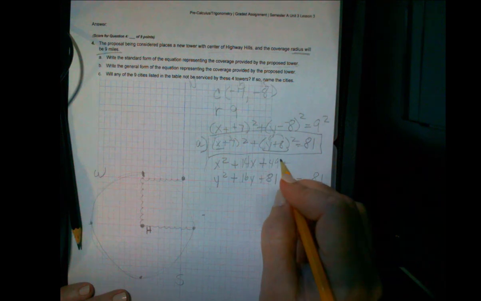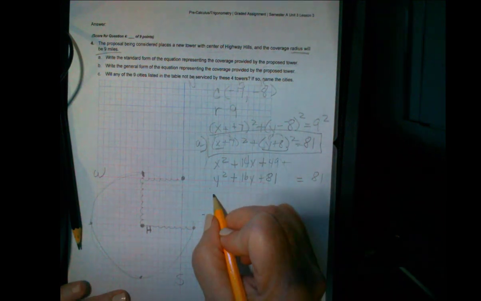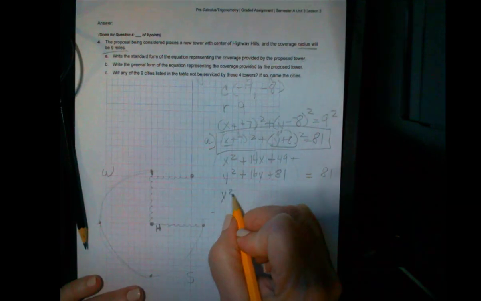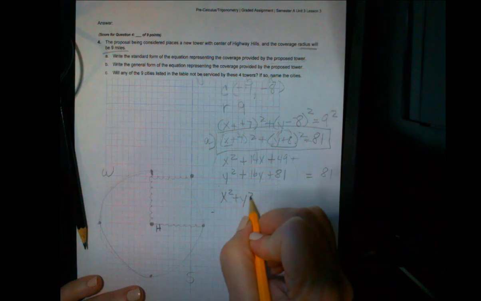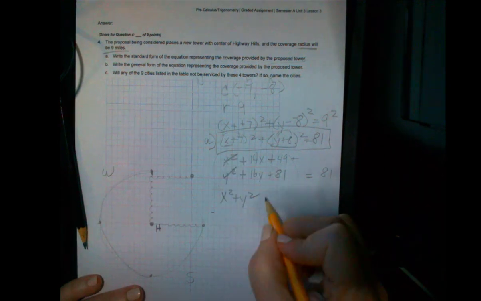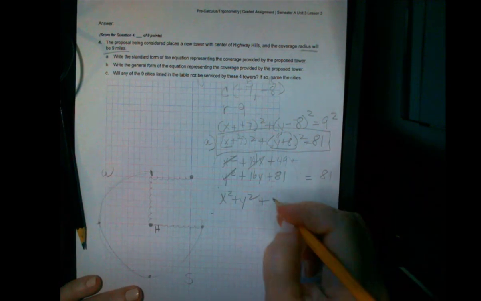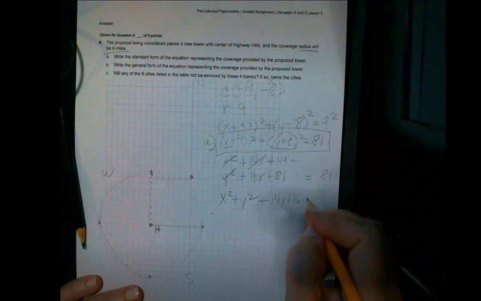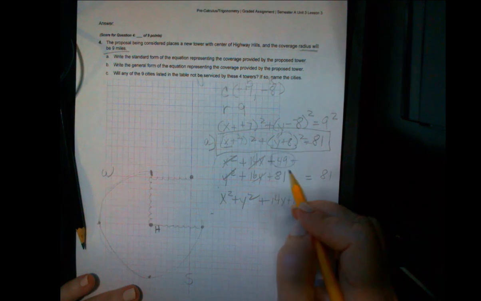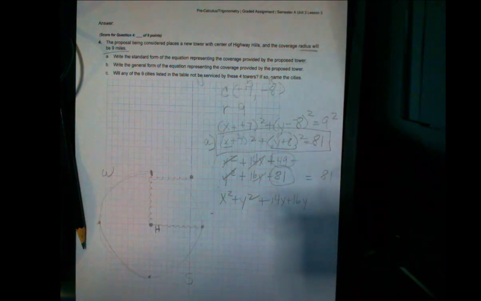I've kind of bunched all that together. Now let's order it. We have x squared plus y squared plus 14x plus 16y.